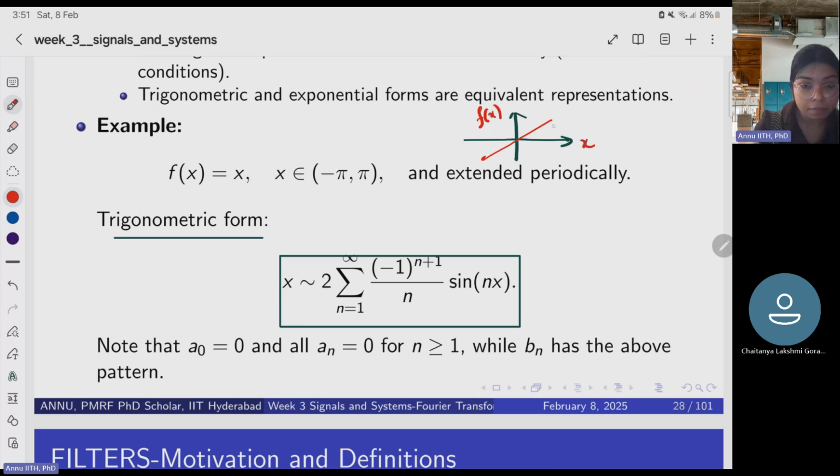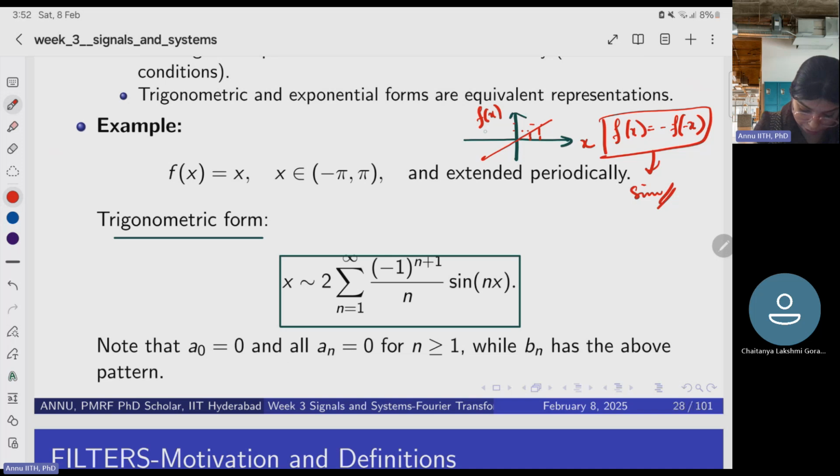This is x, right? This is an odd function, because f(x) equals minus f of minus x. So it will only consist of sine functions.